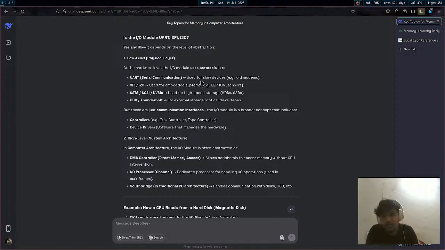So is input output module UART, SPI, I2C? It depends on level of abstraction. At low level, at hardware level, input output module uses protocols like this, but these are communication interfaces. Input output module is a broader concept that includes controllers, like disk controller and tape controller.